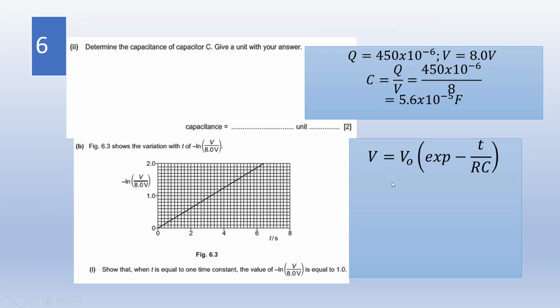Rewrite that, take the V naught down. So we get ln. This negative you can take to the other side. So we get that, the equation of this graph. So where t equals RC, ln equals 1. That's what we are asked to show.